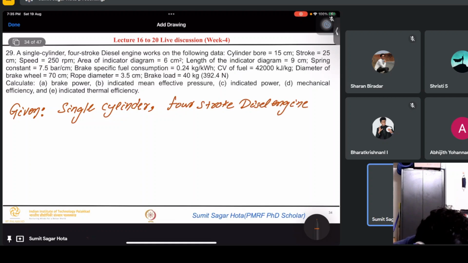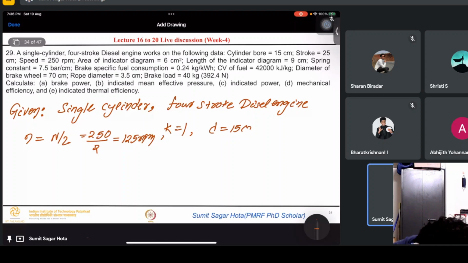Single cylinder 4-stroke diesel engine. 4-stroke means n is equal to capital N by 2. What is capital N? 250 rpm. How many cylinders? 1, so K equal to 1. D is 15 centimeter, 0.15 meter. W of the brake is how many? 40 kg, or what? 392.4 Newton. Always take in Newton.